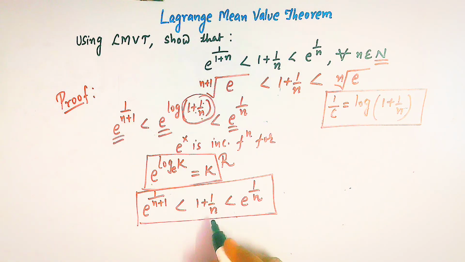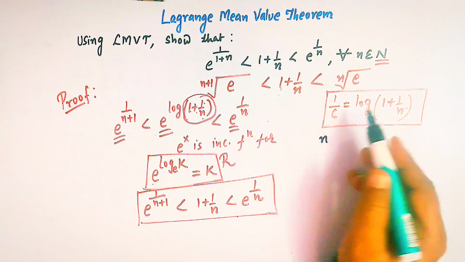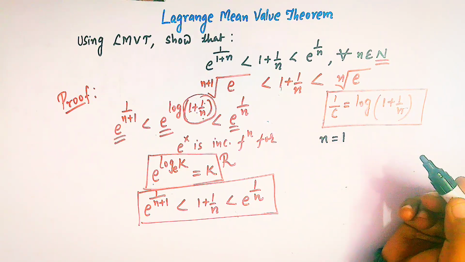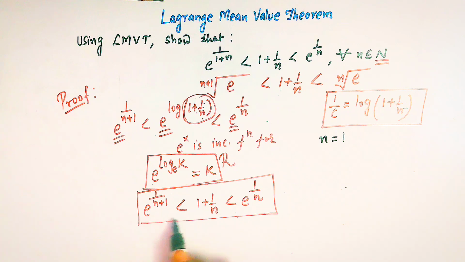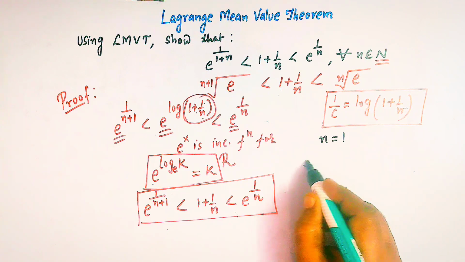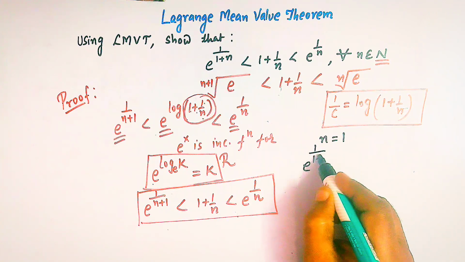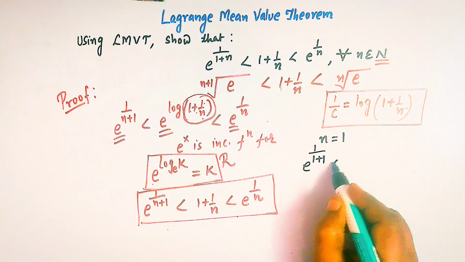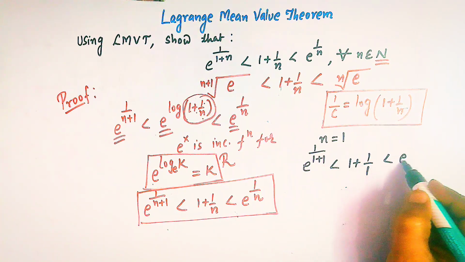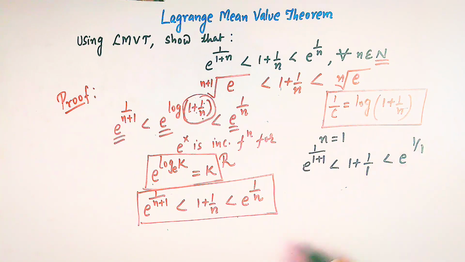So now see here, our n is a natural number, right? So if we take n is equal to 1, let us see what we get from this inequality. So as a special case, if we take n is equal to 1, we'll have e raised to 1 over 1 plus 1, and then this is less than 1 plus 1 over 1, and this is less than e raised to 1 over 1, right?